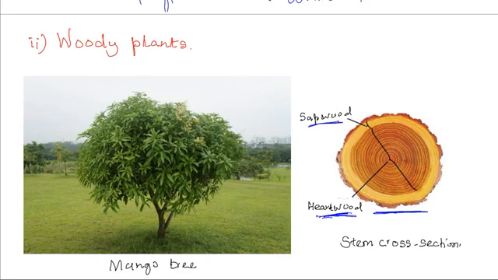Now, because they don't rely on the turgidity of their cells as the main source of support, woody plants do not wilt.